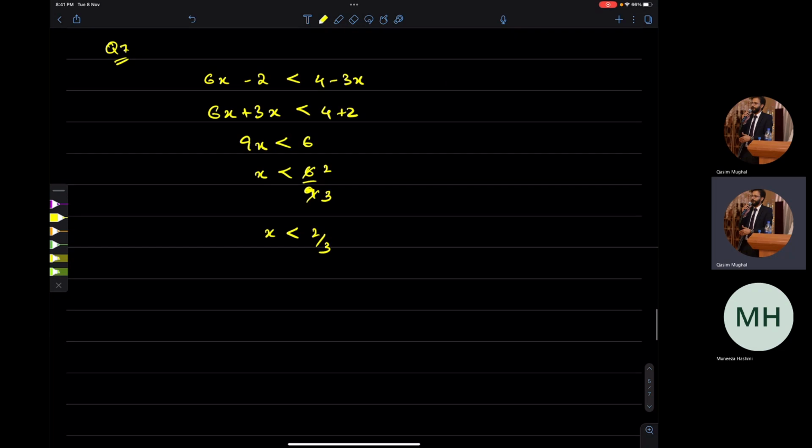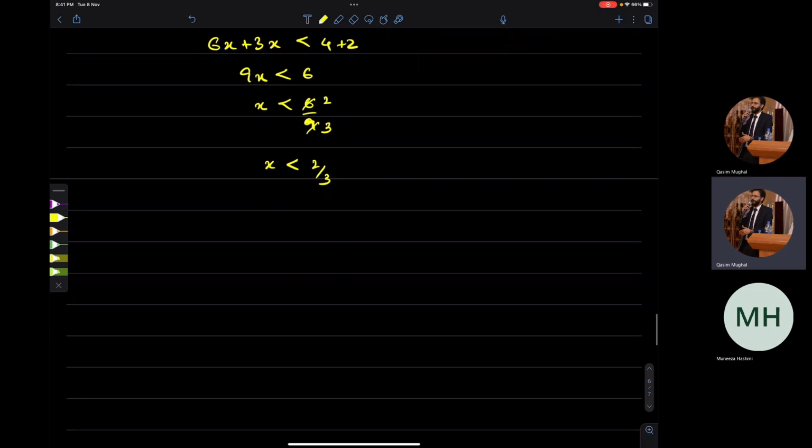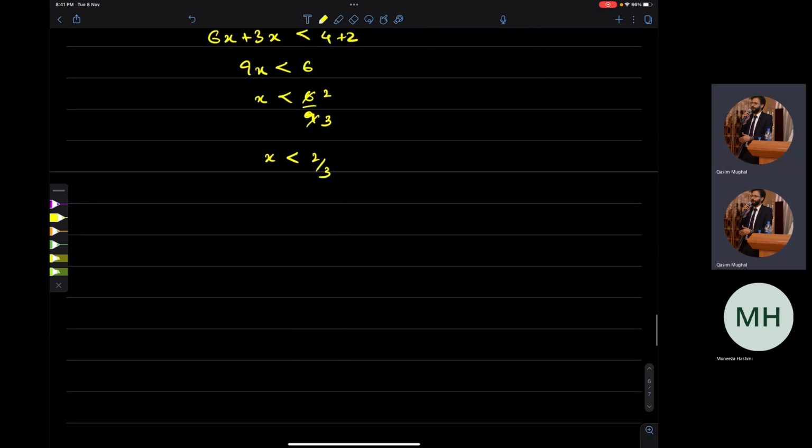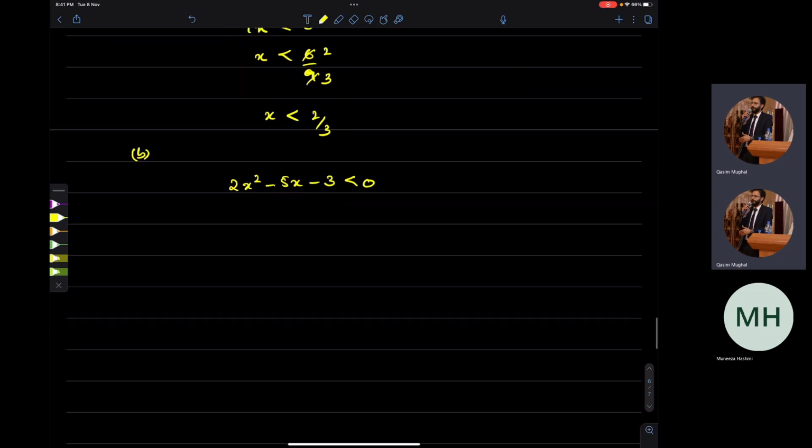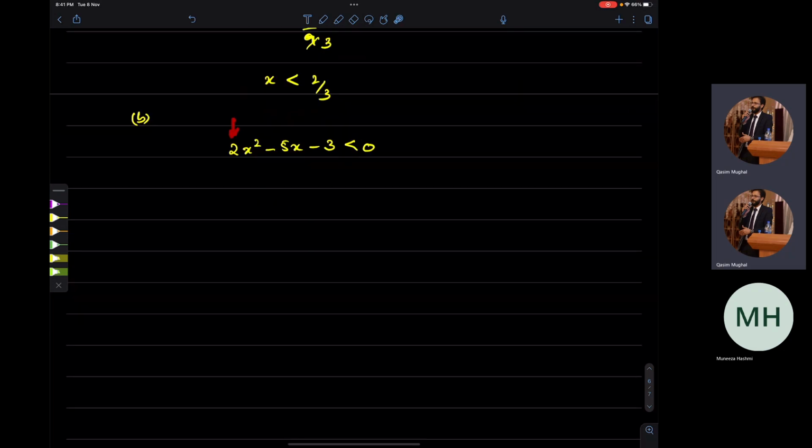So that's the solution for the first part. Part B says that we need to solve it for 2x squared minus 5x minus 3 is less than 0. Now we need to make the coefficient of x squared positive. That's already positive, so we don't have to worry about anything.